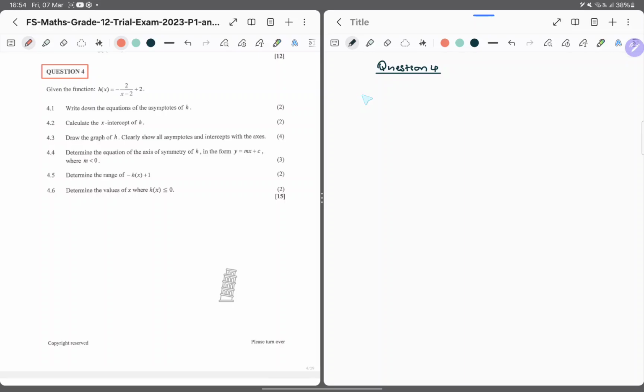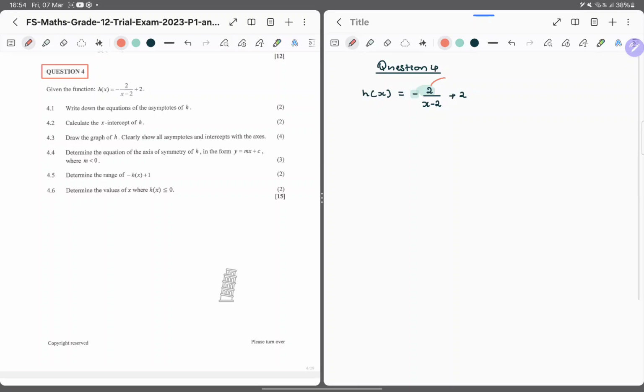Okay, we are given a function h of x is equal to minus 2 divided by x minus 2 plus 2. This is a hyperbola, and the fact that this is negative, we often take this negative and associate it with our numerator of that fraction.